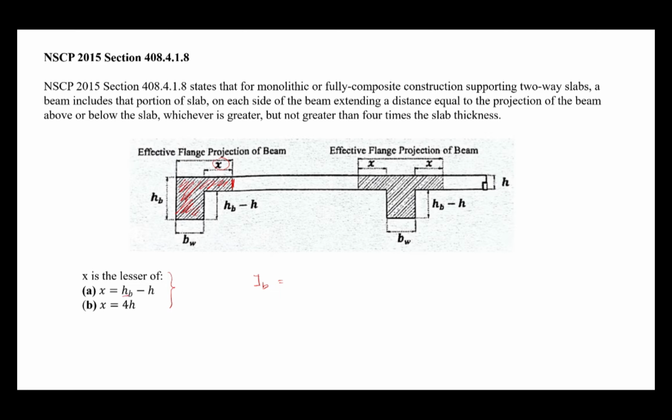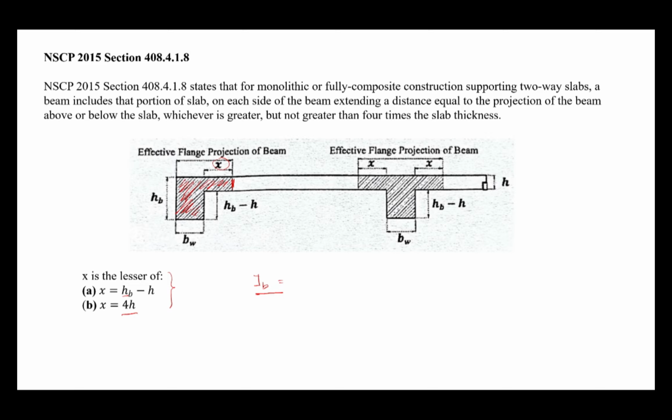HB, as we see, is the overall depth of the beam, and h is the overall depth of the slab. Whichever is lesser between that value and 4h will be the value of x. And IB, the moment of inertia about the centroidal axis, will be based on this cross-section.